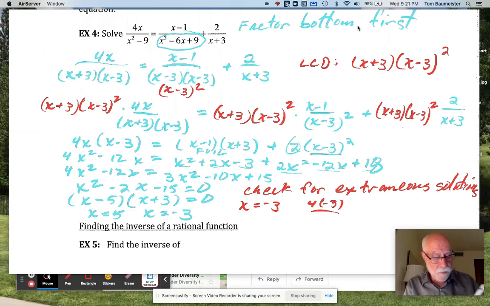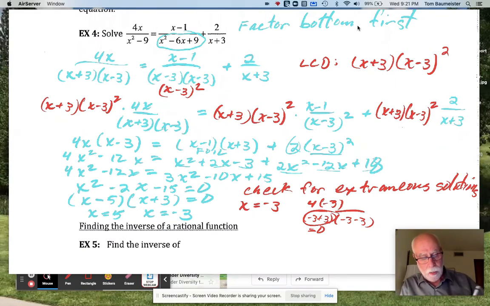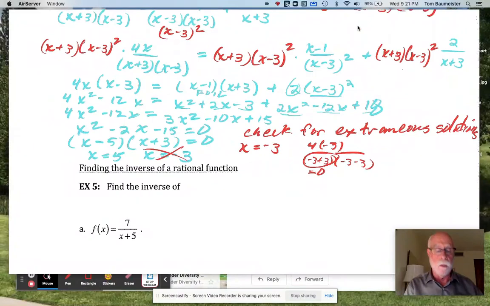And then I'll have negative 3 plus 3, and negative 3 minus 3. But what happens here? That equals 0, and we know we can't have a 0 in the denominator, right? So when we do that, we know that this one here is extraneous. I'll tell you if 5 works. It gives you a fraction, but it does work. I'm just kind of showing you what you have to do.